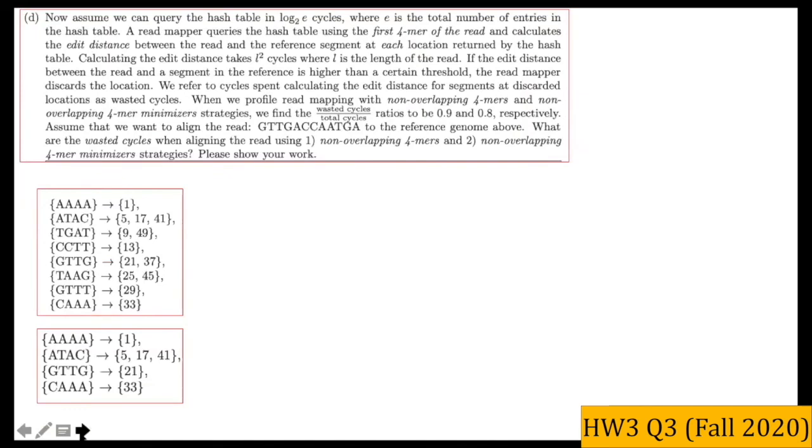Here, we assume we can query the hash table in this number of cycles, where E is the total number of entries in the hash table. Okay, and now a read mapper queries the hash table using the first k-mer of the read.